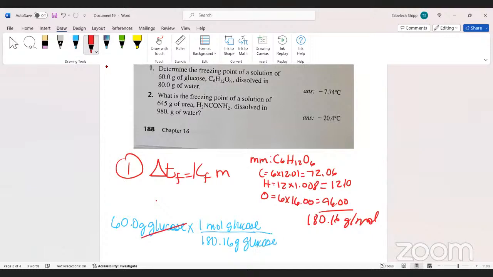Cancel out your grams because you don't need the unit of grams anymore. And all you need to do now is divide those two numbers, okay?